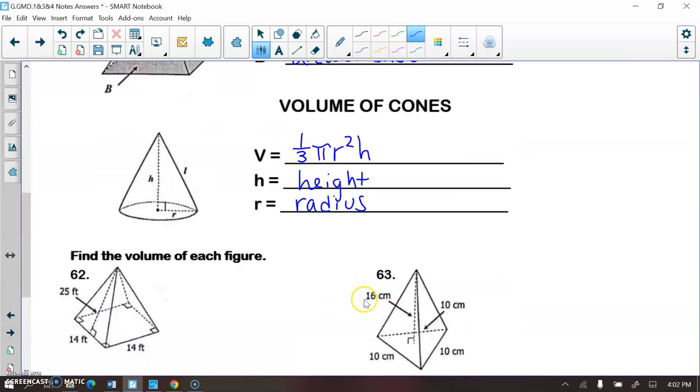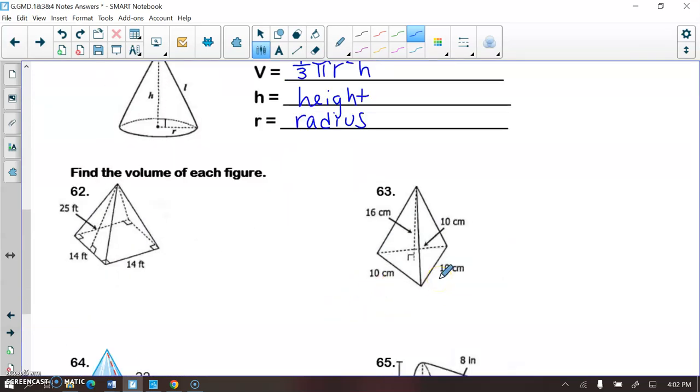All right, so let's find the volume of each of these figures. So for the first one here, we are going to need to find the height of our pyramid. And if I connect that height to half of my leg here, since the base is a square, then half of that leg is 7 here.